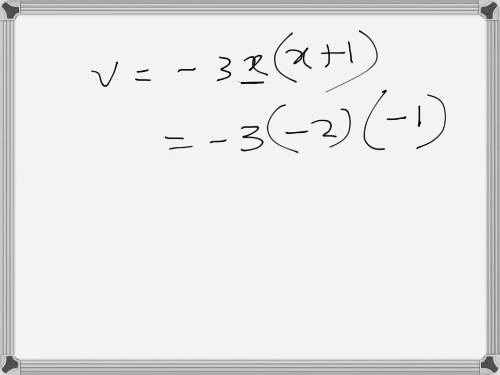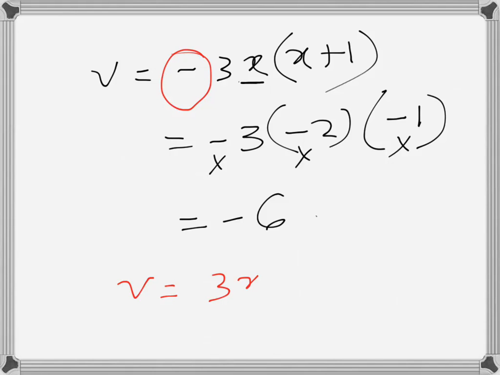So we have minus here, minus here, minus here, so the result will be minus 6. So v is negative 6, so we have to take the negative sign there. We can ignore the positive one. So our equation is v is equal to minus 3x times (x plus 1). Now we need to prove that.